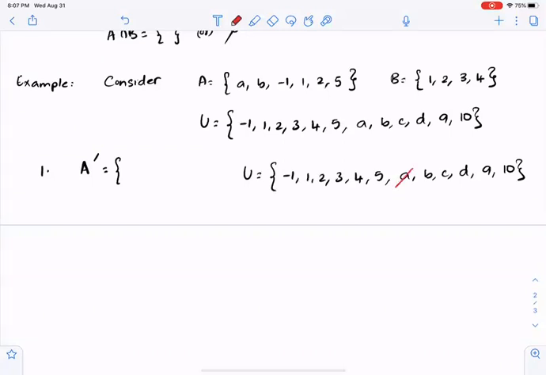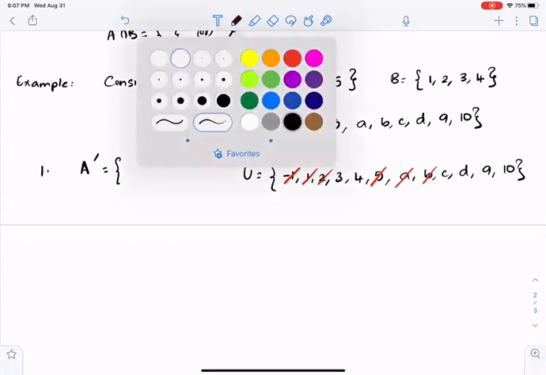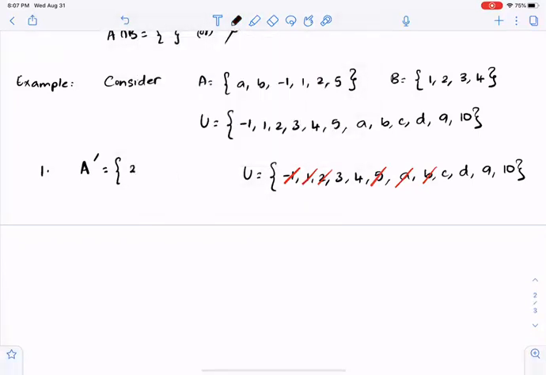A has the elements A, B, -1, 1, 2, 5. So everything that A has, A complement cannot have. So I will end up having 3, 4, C, D, 9, 10.